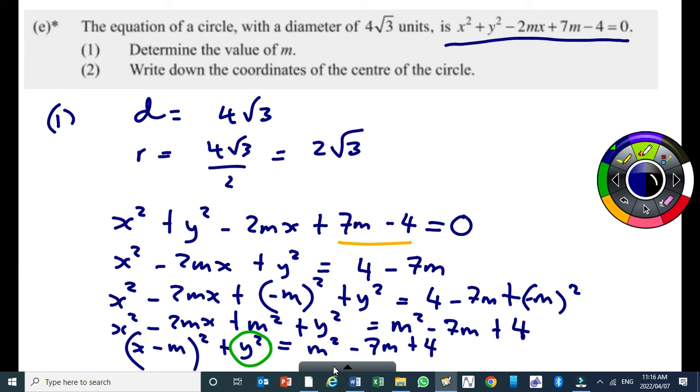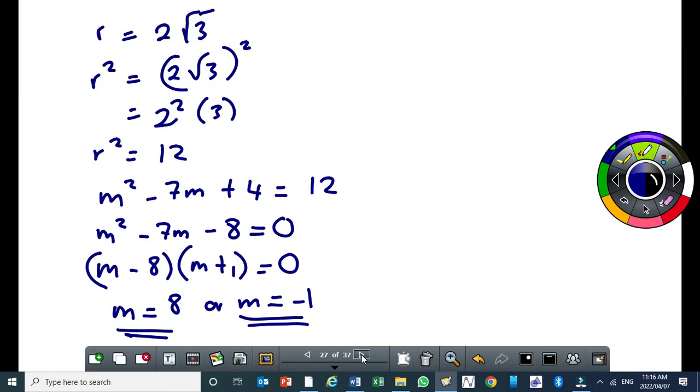So if we go back here, our m is equal to 8 or minus 1, and the value at the center for y is 0. Are you following that? It means our center is possibly at 2 points. So we have two centers here.